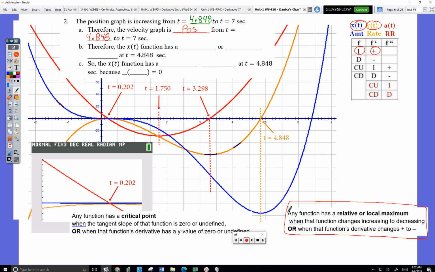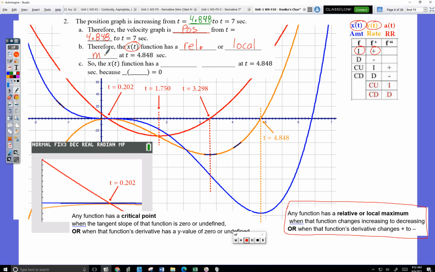So right here, the position graph, that's the function, has a relative, you can abbreviate, or local max at that time. Oh sorry, that would be min in this case, my apologies. Max and min, same idea. So this would be a min.